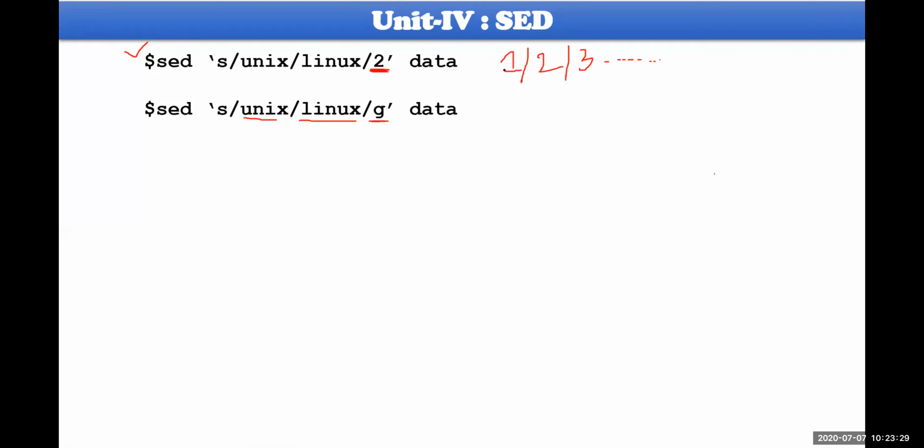If you feel it is difficult to know how many times it occurs and everything should be changed, then you give G here. G in the sense of global. Global means however many times it occurs within a single line, everything will be changed. So in this way you could perform it.